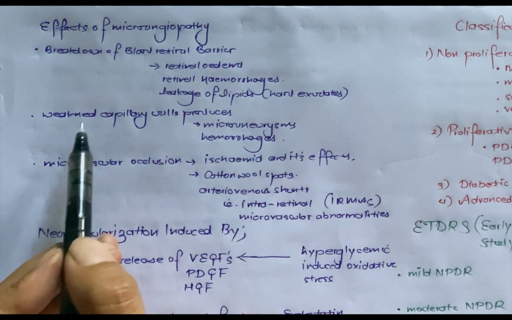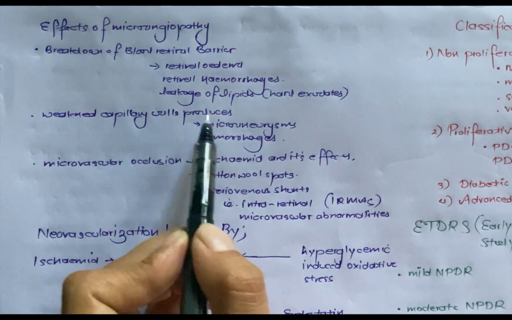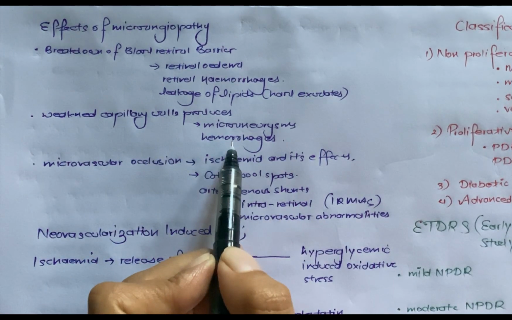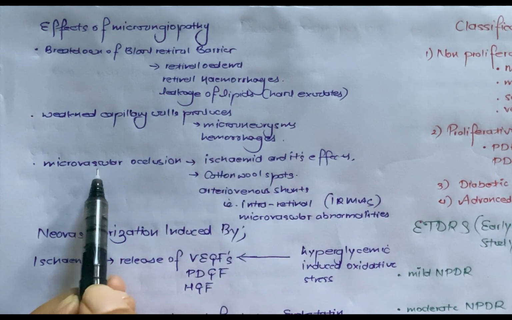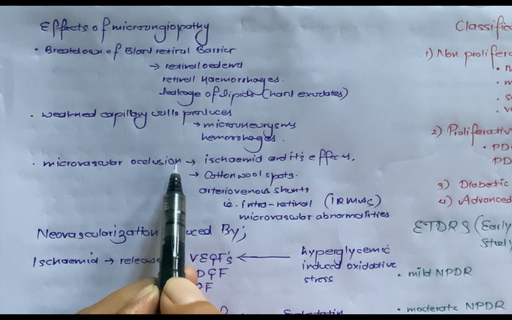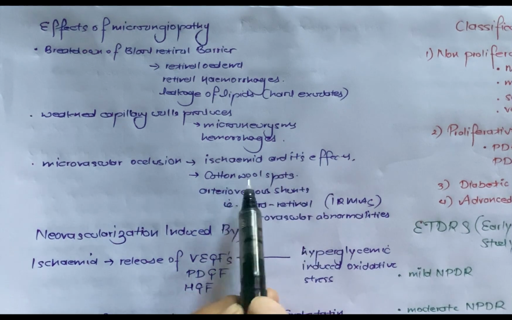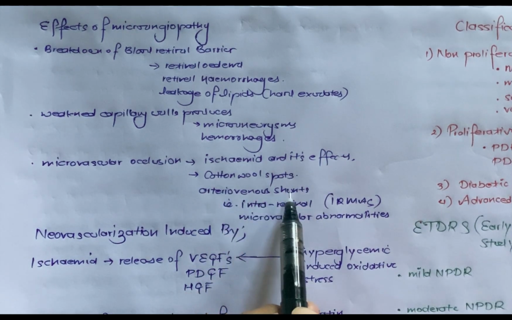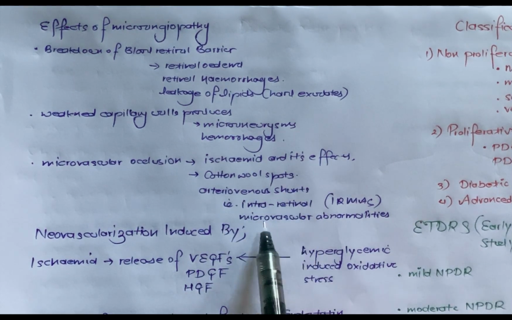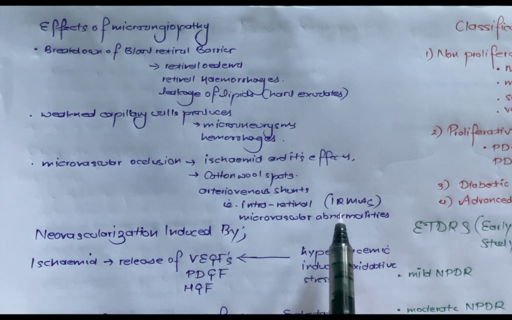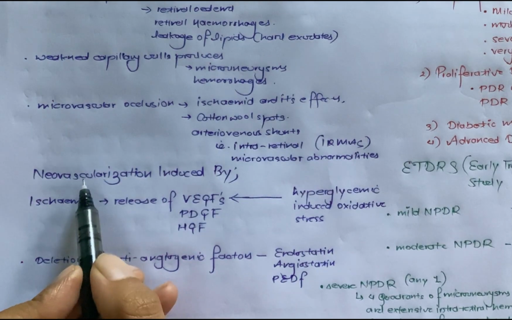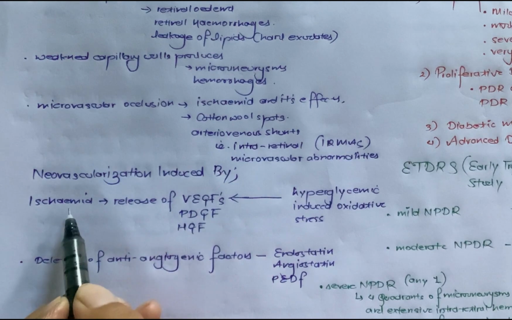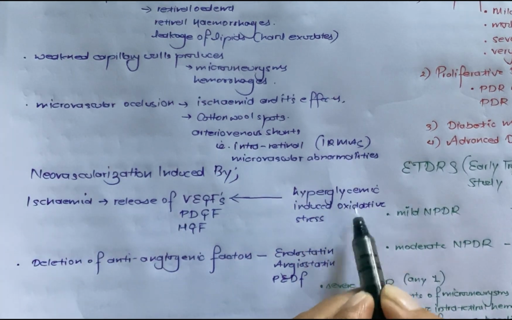And there will be weakened capillary walls which will produce microaneurysms and hemorrhages. And there will be microvascular occlusion also, which may lead to ischemia and its effect like cotton wool spots. Arteriovenous shunt can also be seen, that is intraretinal microvascular abnormalities. Neovascularization can also be induced by ischemia and hyperglycemia induced oxidative stress.